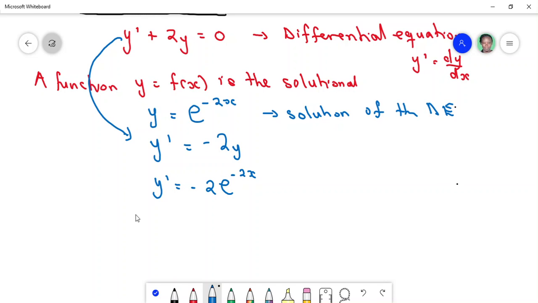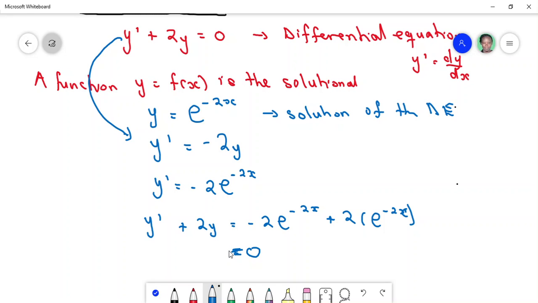So if I have y prime plus 2y, this is going to be equal to minus 2e to the minus 2x plus 2e to the minus 2x. You realize that this is going to be equal to 0.